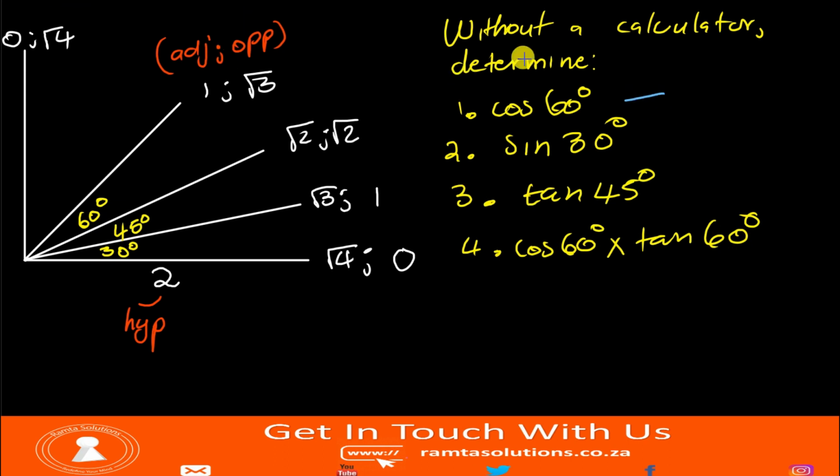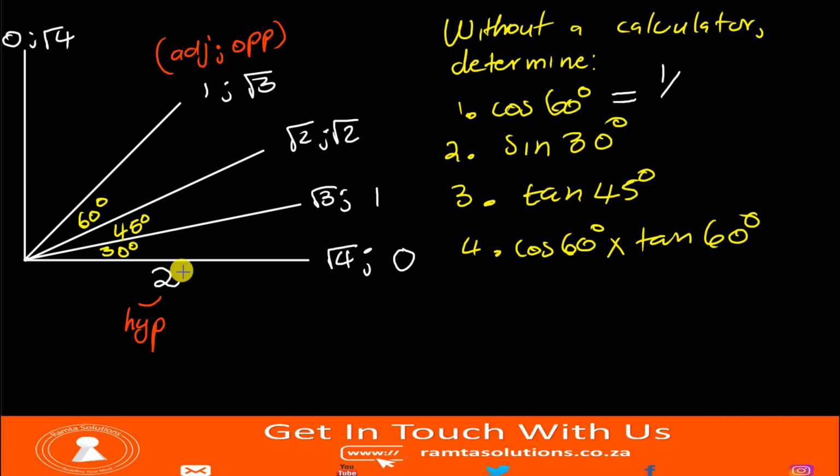Let me use white. Now remember, SOHCAHTOA, cosine is adjacent over hypotenuse. Now we're going to 60 degrees. The 60 degrees line is this one here. The number that corresponds to adjacent is 1.